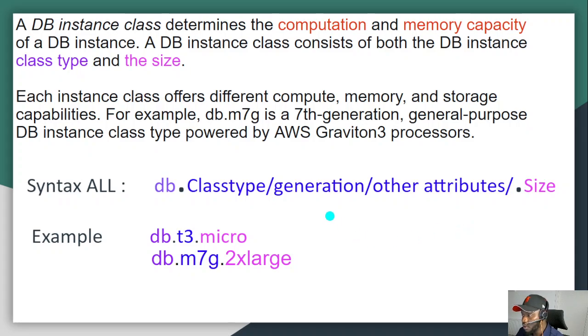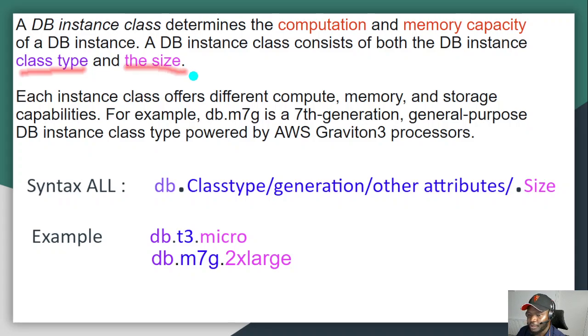Most importantly, you must understand how AWS labels these RDS instance classes. Naturally, the instance class offers different compute, memory, and storage. By default, AWS labels them with the DB instance class type and the size.